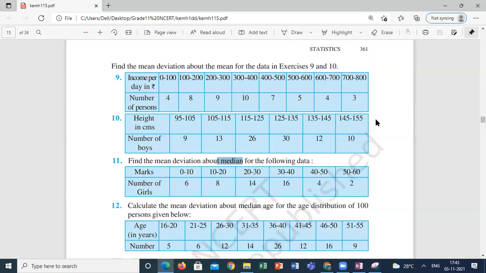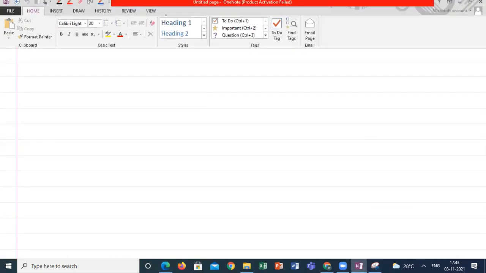To make it comfortable, I'm going to write directly here. This is your class interval and this is your frequency. The given data: the class interval is income per day.